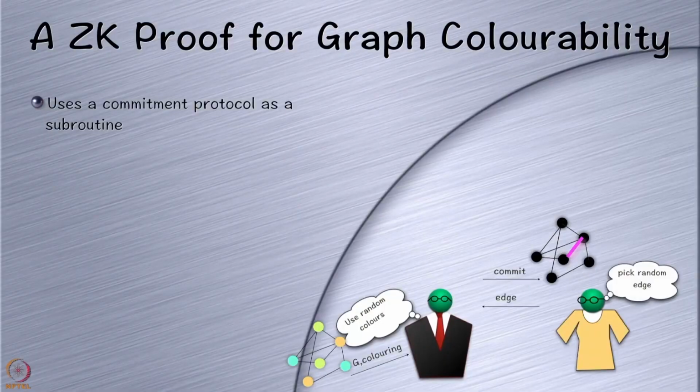She wants to check though if it is actually a good coloring. So she will say, okay, I picked an edge at random, and show me the colors of this edge. Show me that this edge was not monochromatic in your coloring. And what does she check?